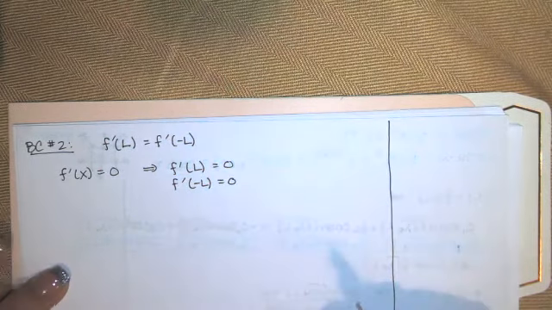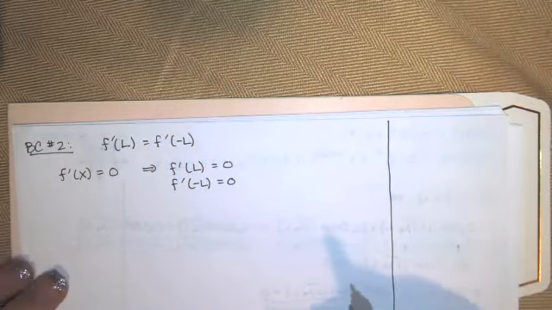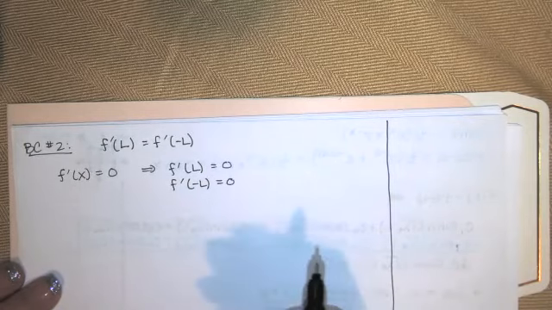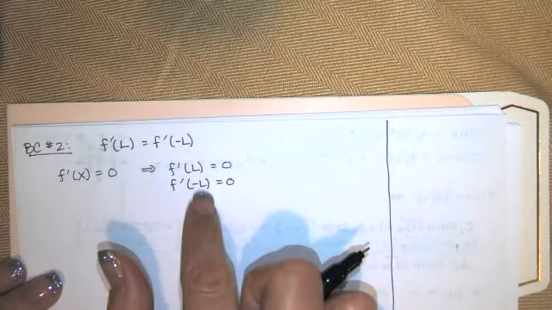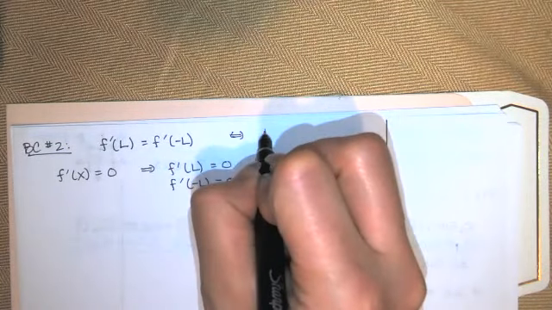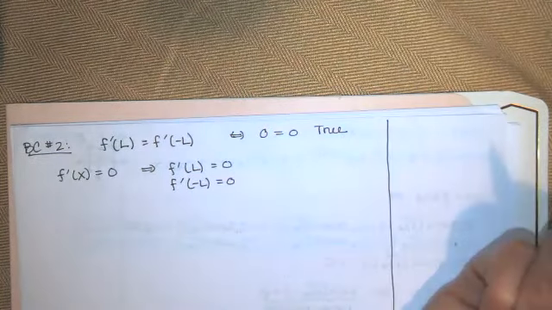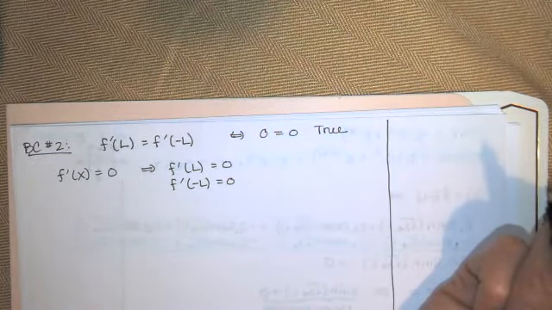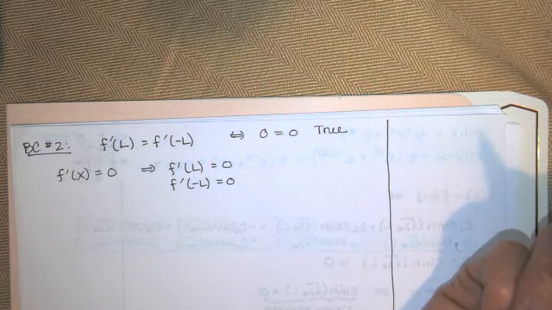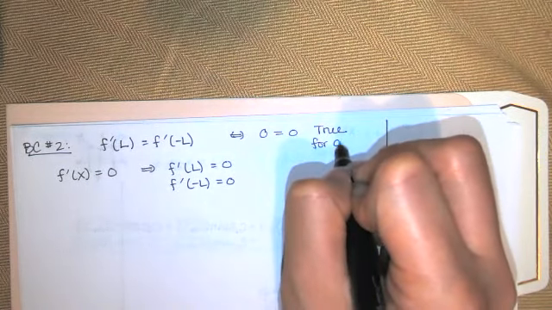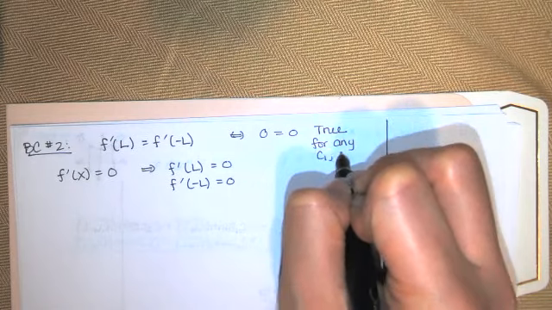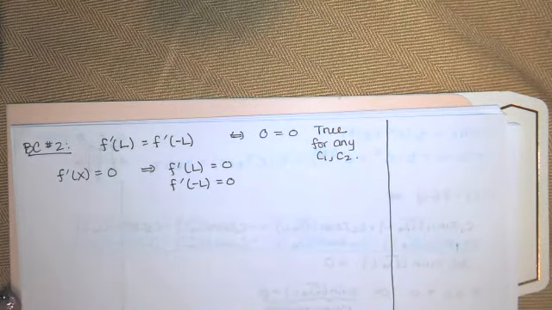So at x equals L, we get 0, and at x equals negative L, we get 0. f prime of x equals 0 is a pretty boring function. It's just 0 all the time. So this just says that 0 equals 0, which is, of course, true, regardless of the values of our constants c1 and c2. So the second boundary condition doesn't actually tell us anything new.